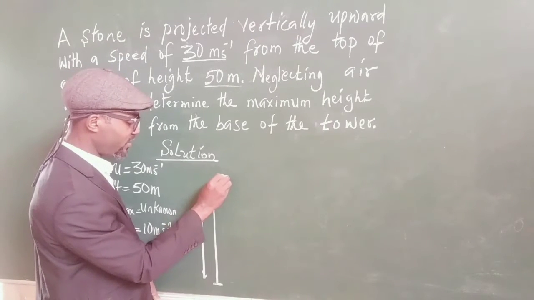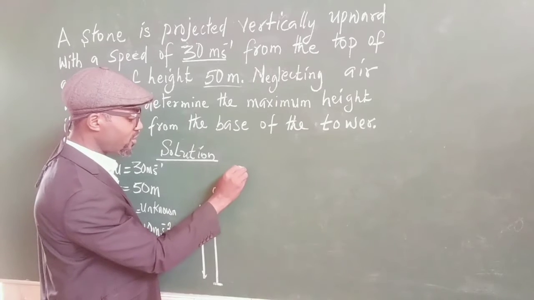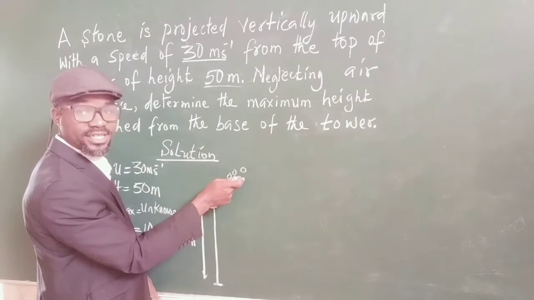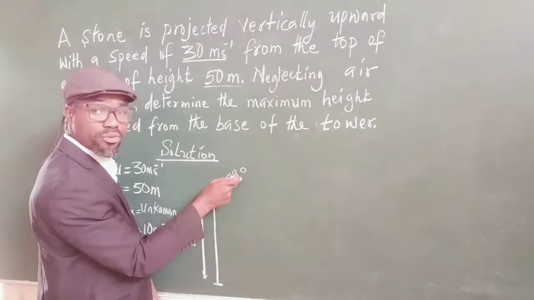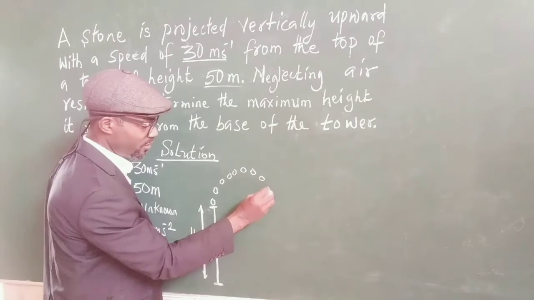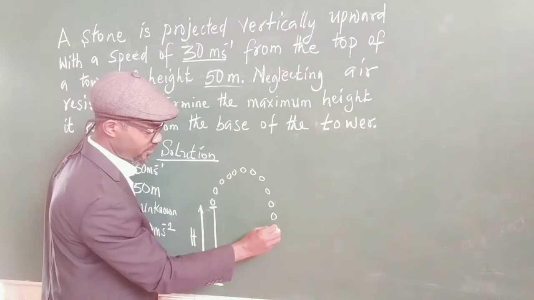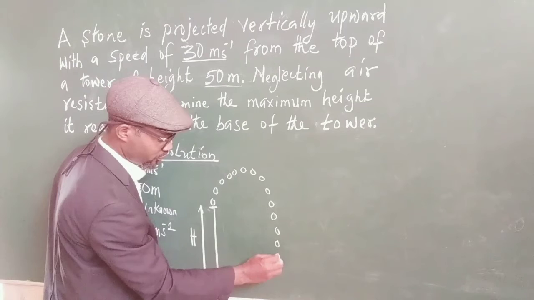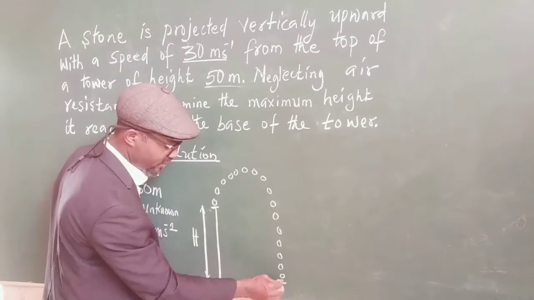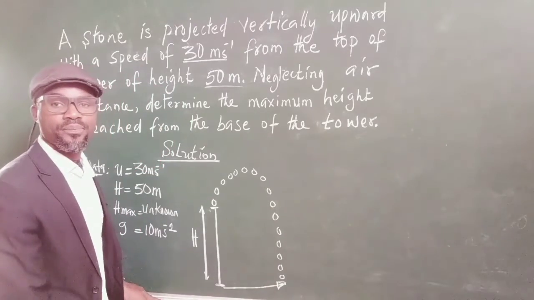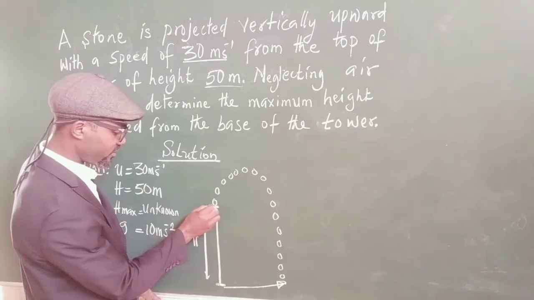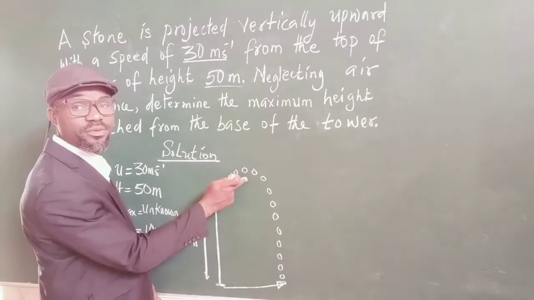Look at it, projected vertically until it reaches a certain height, stays momentarily at this point and begins to fall down once again, until it hits the base. This is the base of the tower. You can see the object at this point also maintains a certain height before coming down.